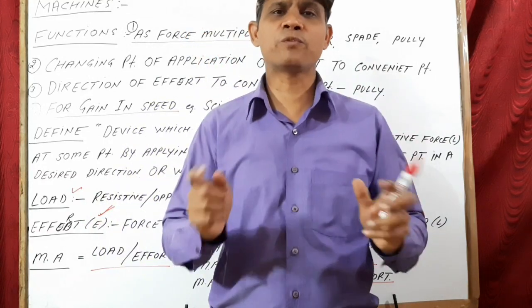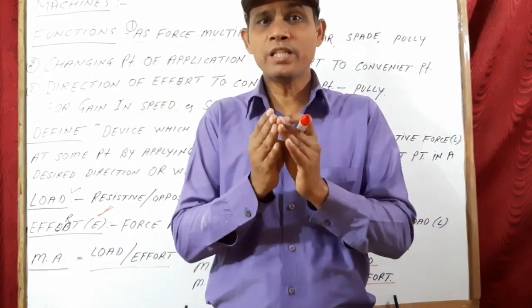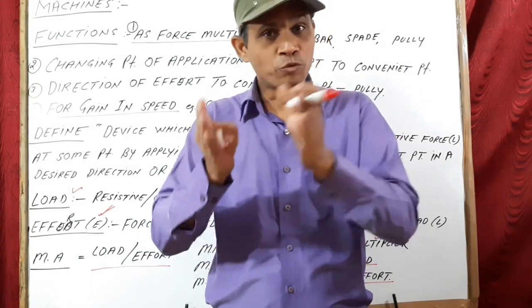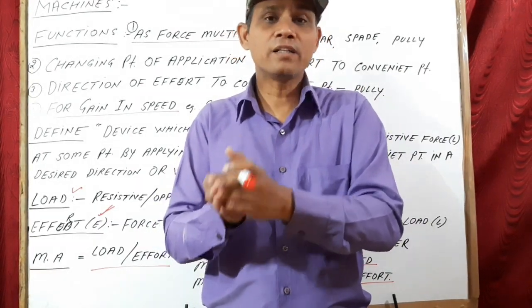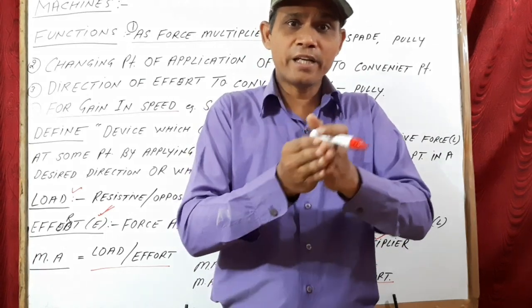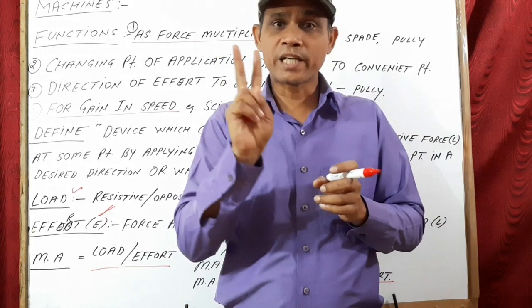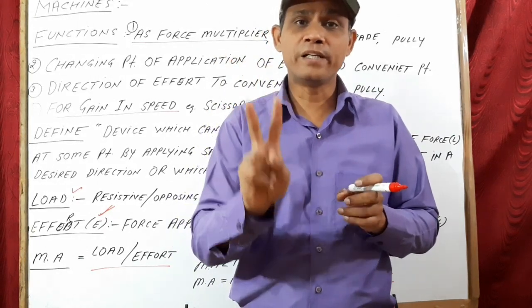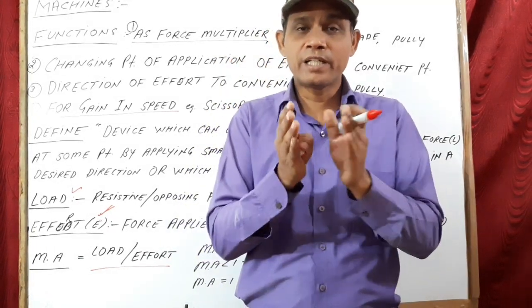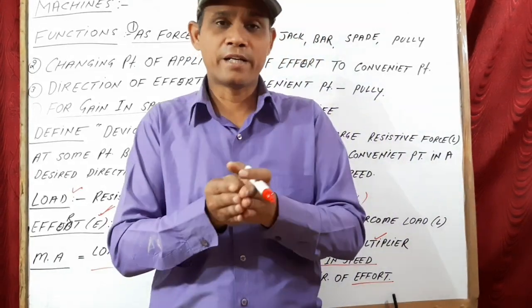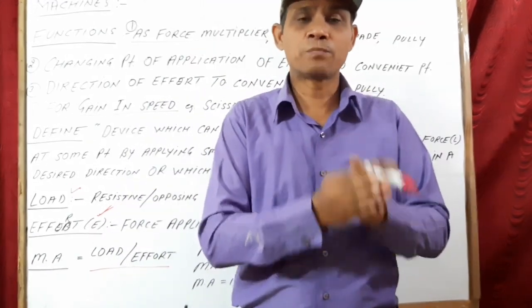One more very important thing is, a machine cannot act simultaneously as force multiplier and as gain in speed. Keep it in mind, both things simultaneously cannot be done by a machine.